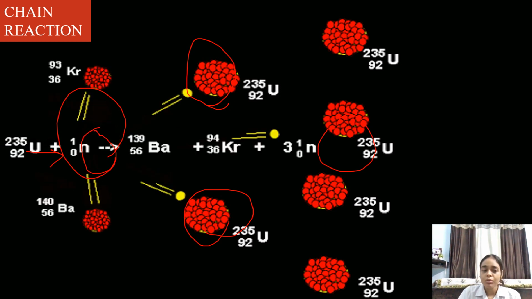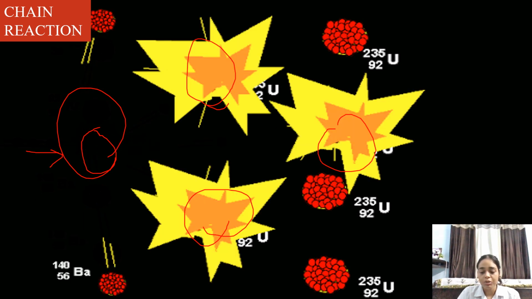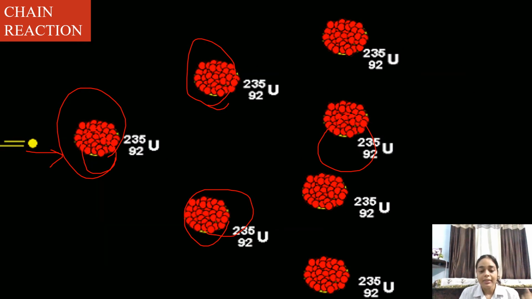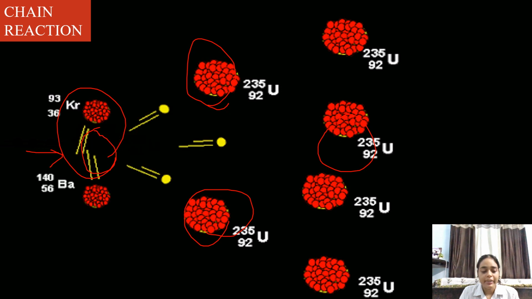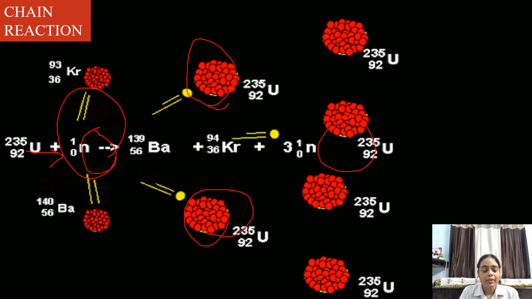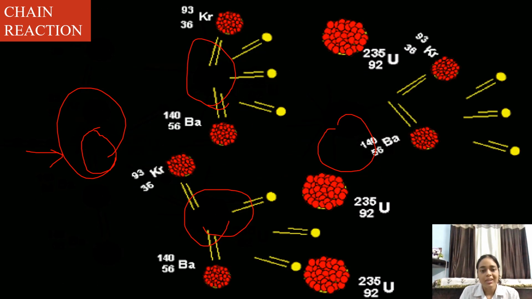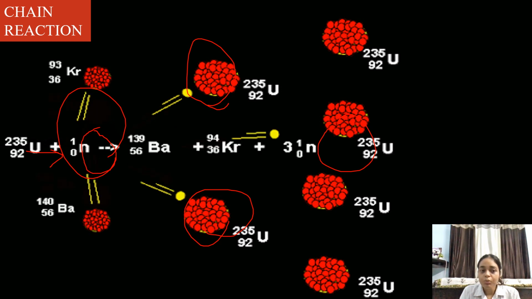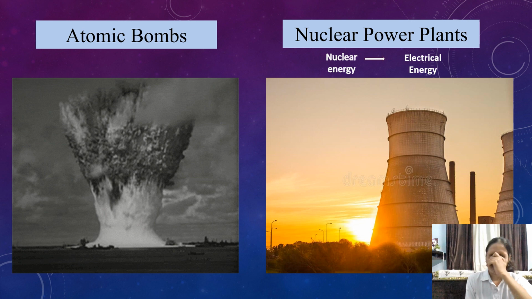Okay, so this is an uncontrollable manner, and that takes place inside the atomic bomb. When we use an atomic bomb, this is an uncontrollable reaction, and it is not controlled by any human or external factor. The reaction goes on and on by itself, and that leads to large scale destruction. But we can also use this nuclear energy in a controllable manner.